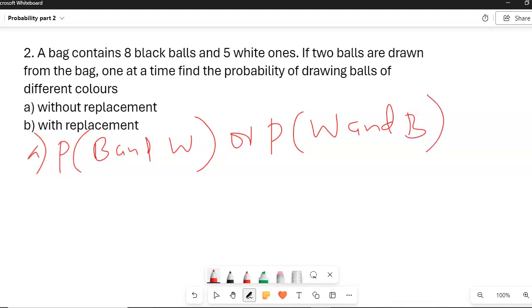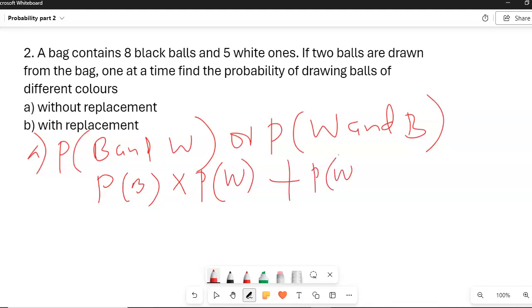So in this case, we are going to have the probability of B multiplied by the probability of W, then we add the probability of W multiplied by the probability of getting a black.